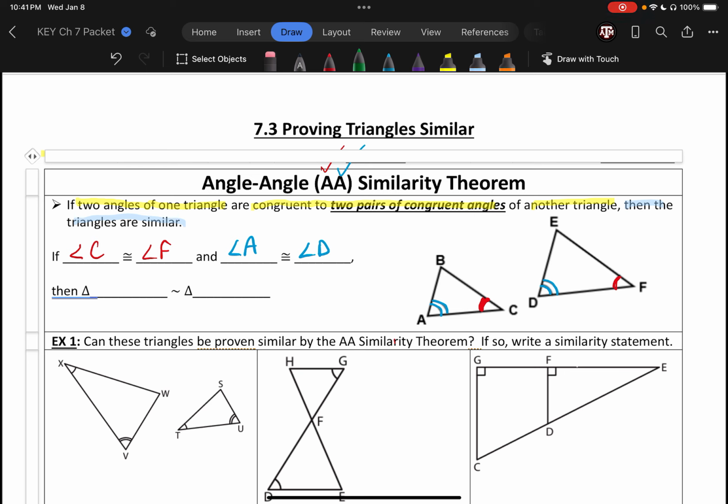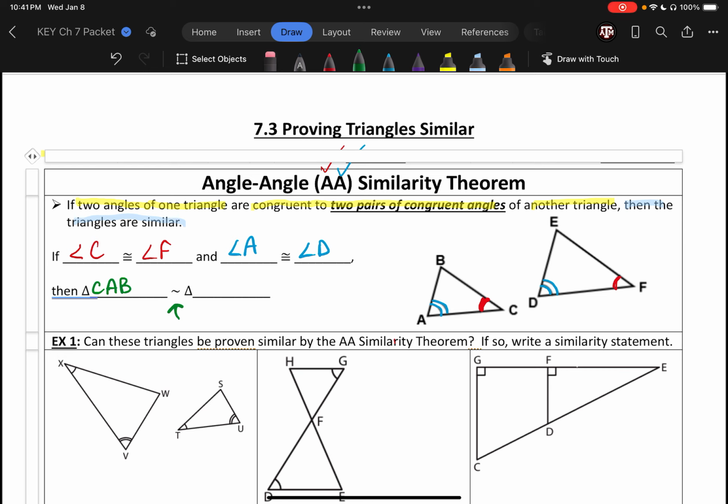We're going to go ahead and choose the order here. For the triangle on the left, I'm going to write triangle CAB, and remember that this little symbol means similar. So our similarity statement says triangle CAB is similar to, and we want to be careful because the order matters.